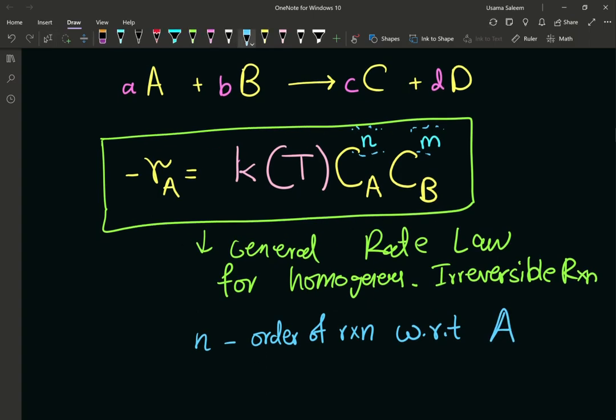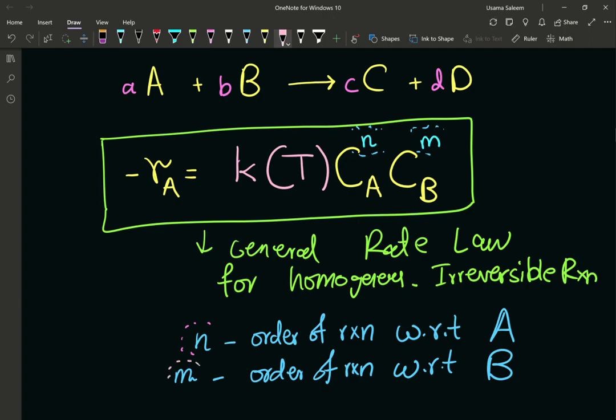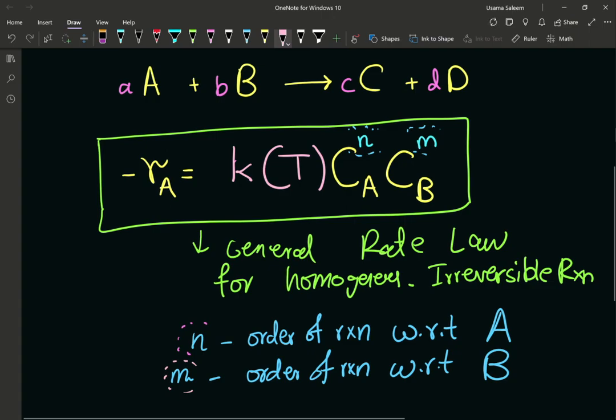And M is the order of reaction with respect to, as you have probably guessed, B. So N tells you how sensitive your reaction is to the concentration of A, whereas M, on the other hand, tells you how sensitive your reaction is to the concentration of B.